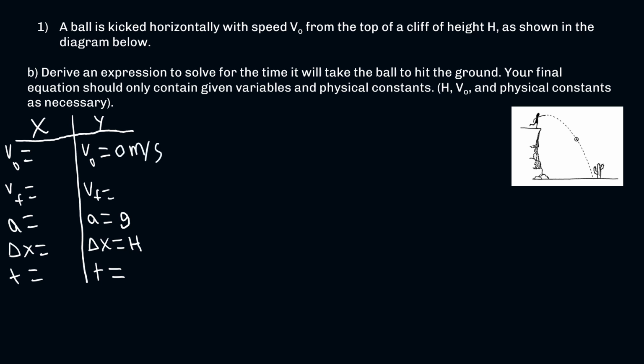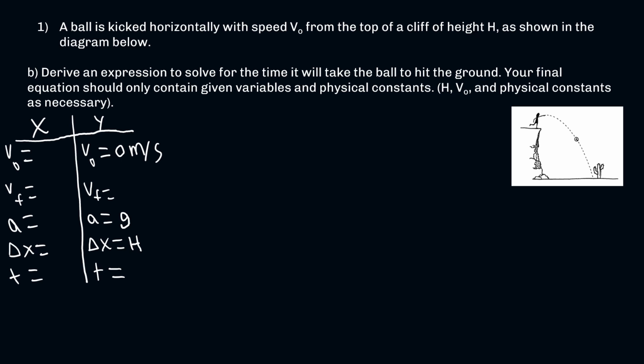Vf is not really going to matter for the moment. That's all we have in the y direction, so we have 3 of the variables. We need 3 out of the 5 variables in order to get one of the things we're looking for. We're looking for time, so we have enough there.